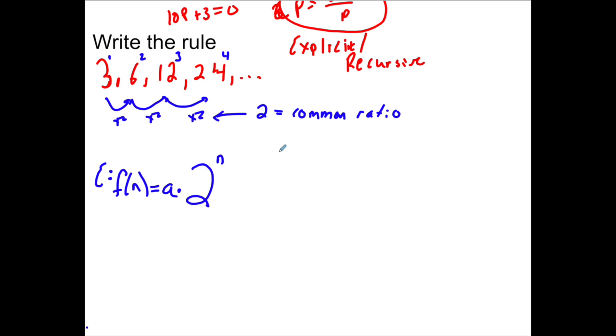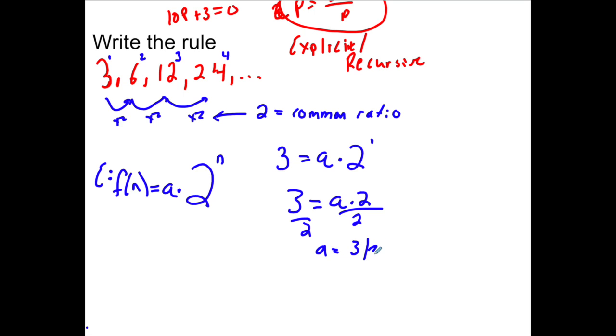So for example, if f of n is 3, then n is equal to 1. And 2 to the 1 is 2. So to get a alone, you just divide, and you get a is equal to 3 over 2, or 1.5.